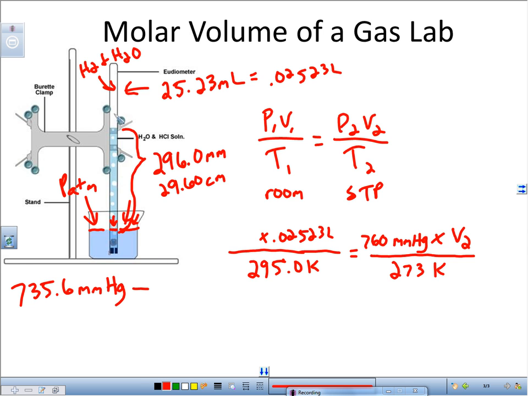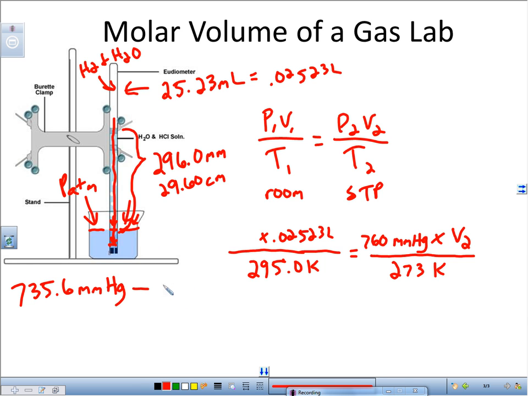If we had made more gas, the level would have gone further and further down. If the level was down here, that would mean the pressure inside the eudiometer is more than the pressure in the atmosphere. The reason we're going to subtract this difference is because the atmospheric pressure is more than the pressure that the hydrogen gas made. So we're going to subtract the difference in height.